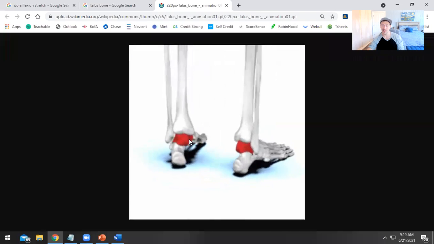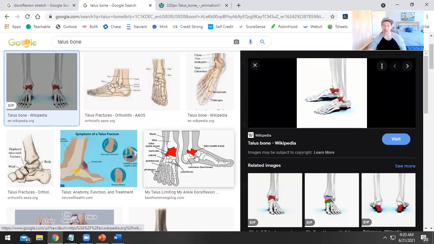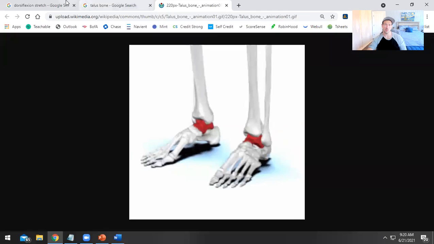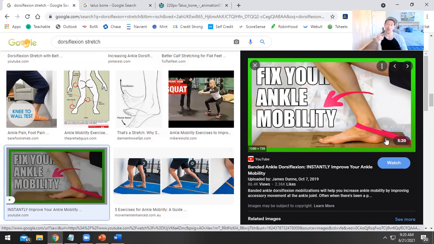Now this bone can get moved around a little bit if you've had consistently tight muscles. It's kind of floating between all these other bones. So when you take a band and wrap it around the talus and it pulls backwards, you are doing what's called distraction. You're distracting the bone. Distraction is where you are manually, like I'm distracting these two bones right here because I'm pinching them together. They're moving inside my body.